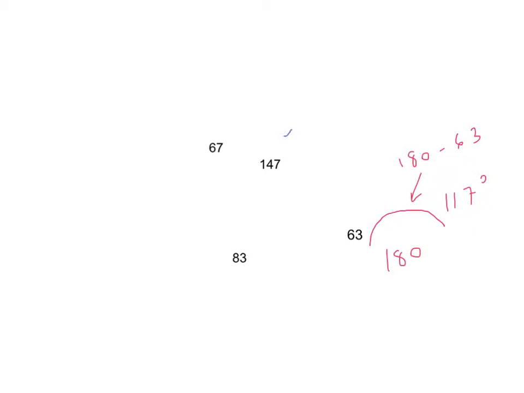In here, Z and D both add up to 180. So Z is 180 minus 147, which equals 33 degrees. And here again, both these angles W and A add up to 180.